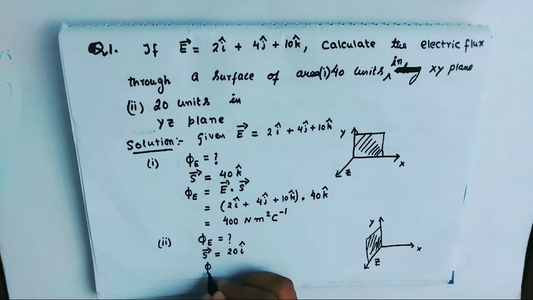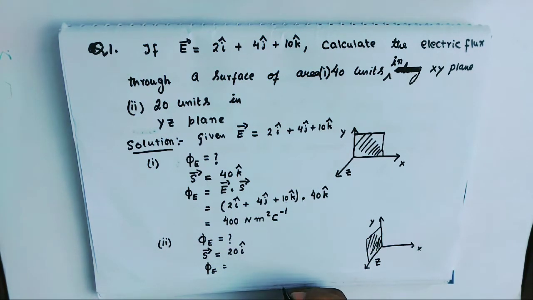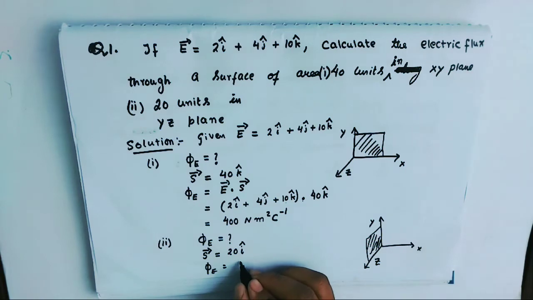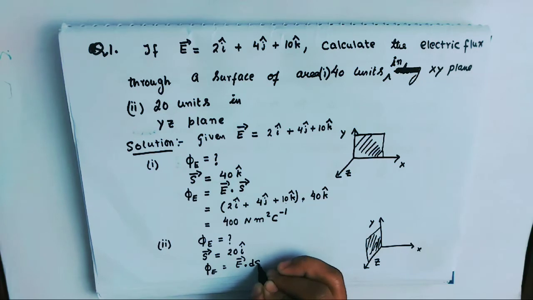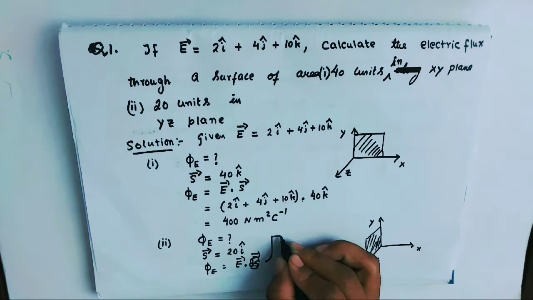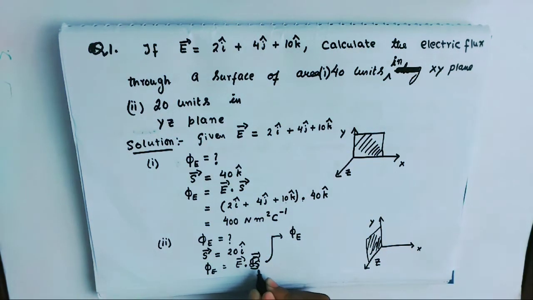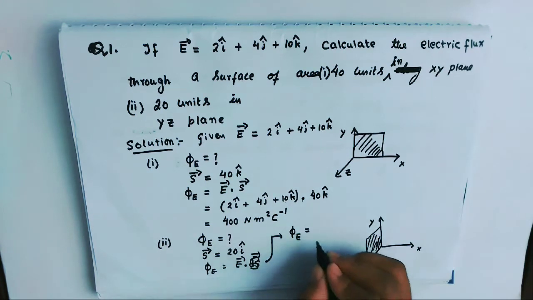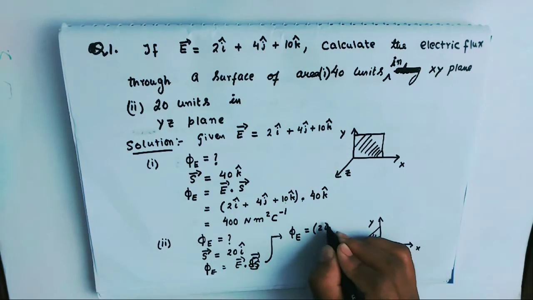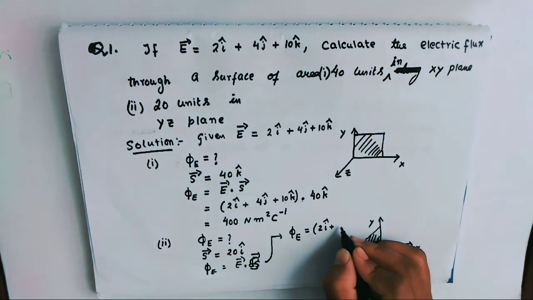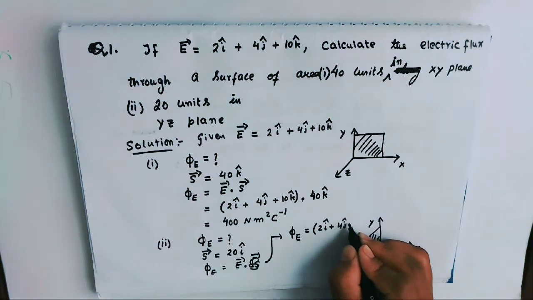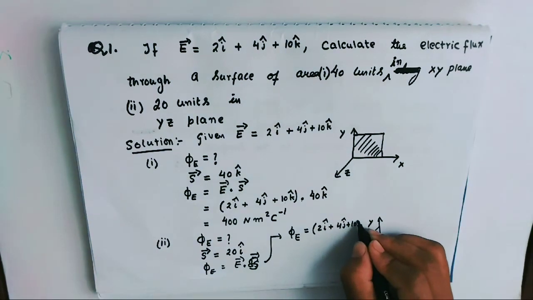So what is phi E? Phi E is equal to E dot S. So phi E equals, instead of E, we will put 2I plus 4J plus 10K.